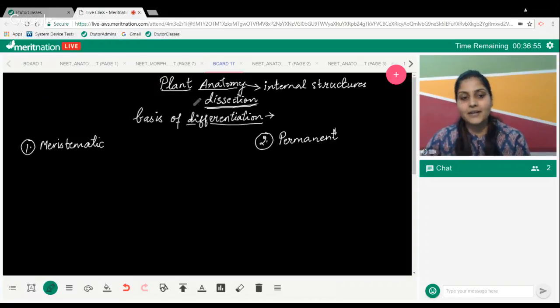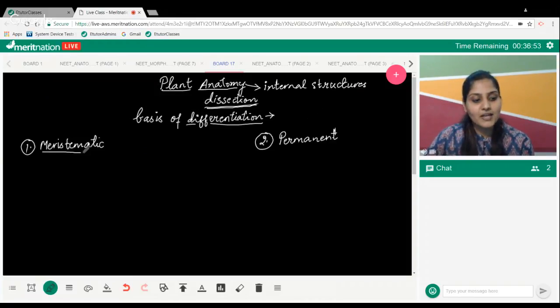Exactly, Rebecca. So meristematic tissues are capable of division throughout. Then you can further classify the meristematic tissues on the basis of their origin, or on the basis of the place where they are present, their location.